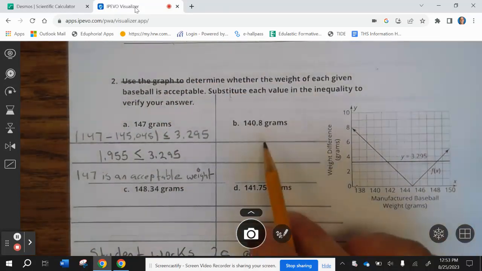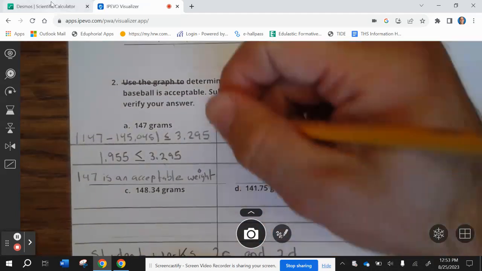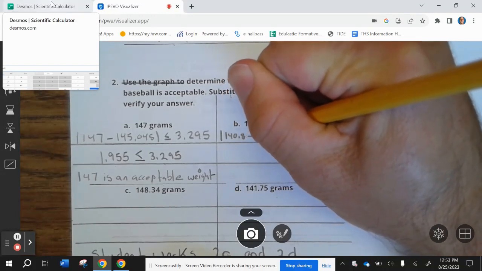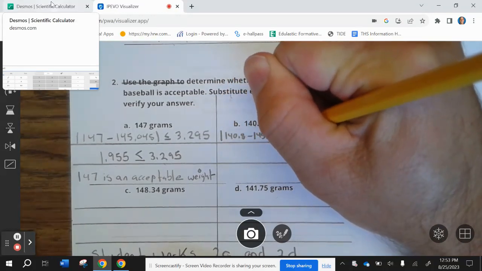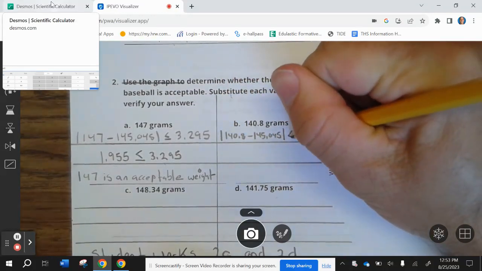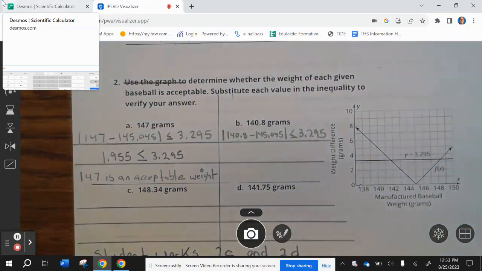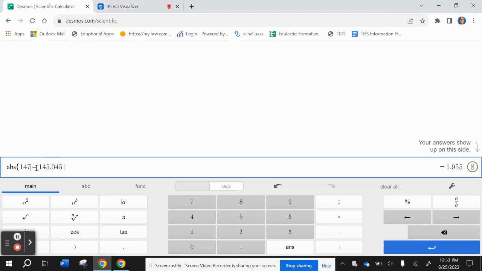All right, let's take a look at 140.8. So that's the absolute value of 140.8 minus 145.045 less than or equal to 3.295. So we come over here, and all we have to do is change this number to 140.8, and we get 4.245.